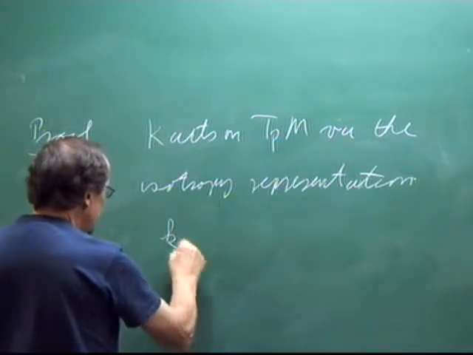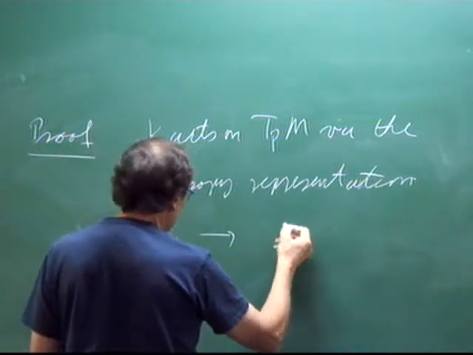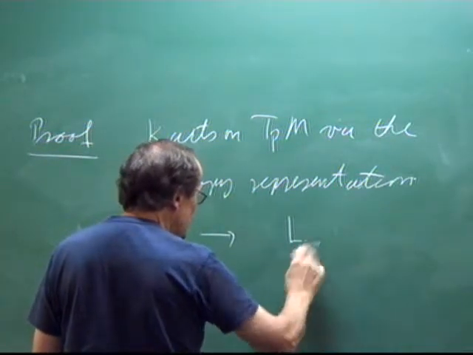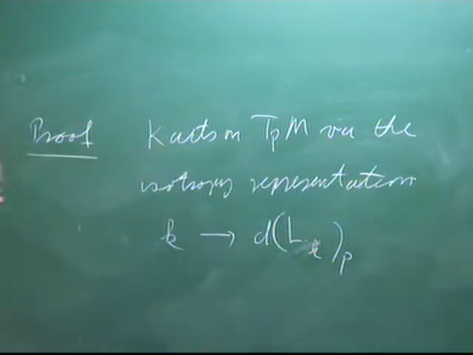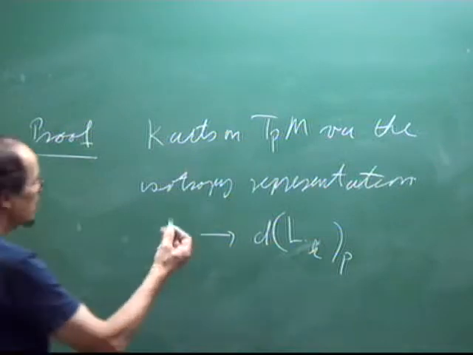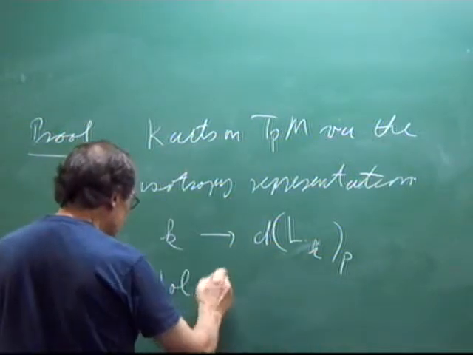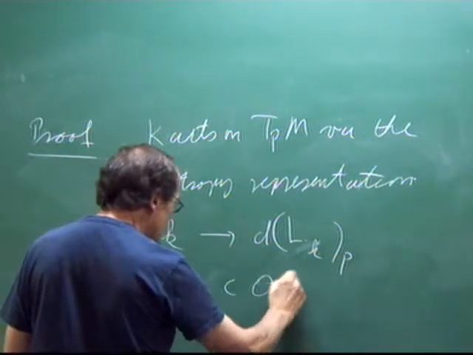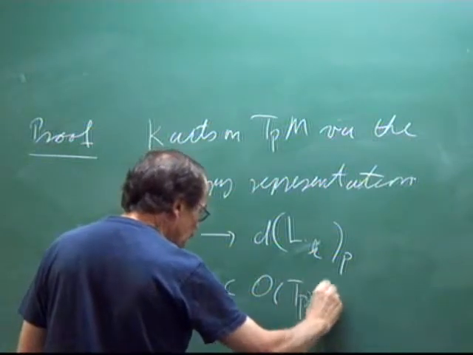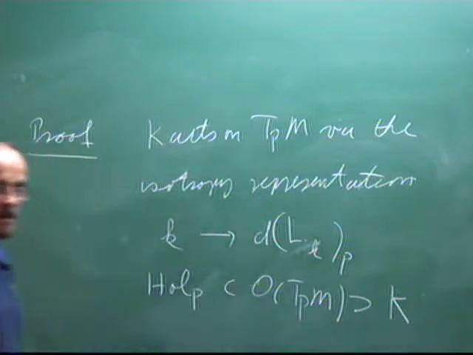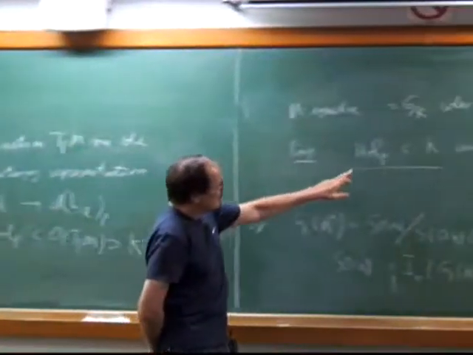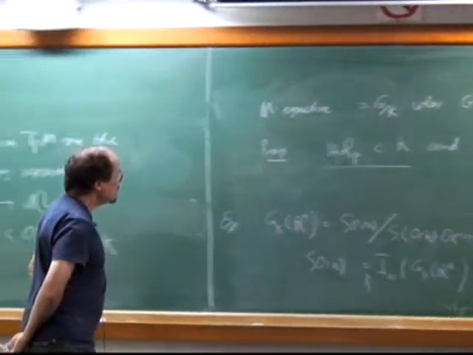You take an element k, take the action of k on the manifold, and take the derivative of that at the base point P. And of course, Hol_P sits naturally inside the orthogonal group, acting on the tangent space. And so does K, since it acts by isometries. So they both sit inside the orthogonal group. So the equality is meant in that sense, as subgroups of the orthogonal group. One is contained in the other.